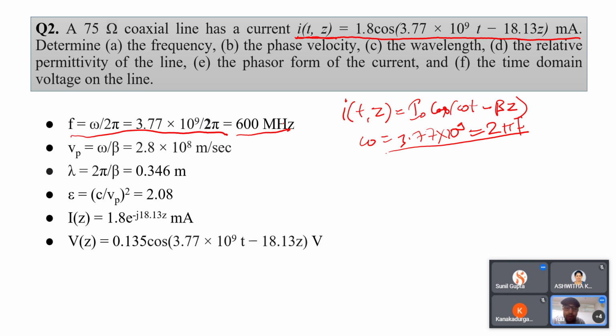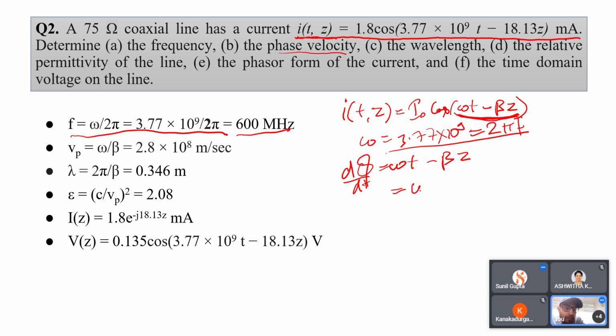The second quantity is the phase velocity. For finding the phase velocity, you have to differentiate the phase term with respect to time. Omega t minus beta z represents the phase term, so you take the derivative of this.